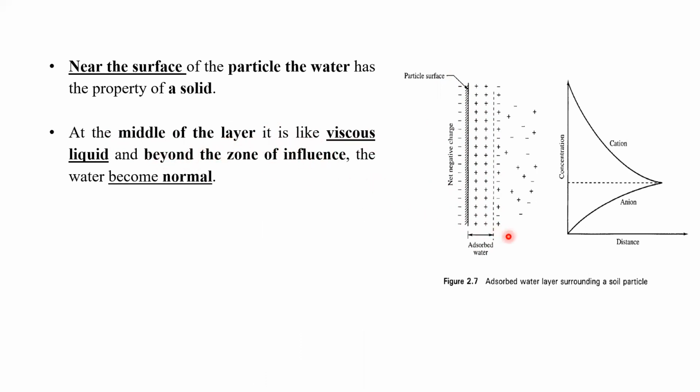And beyond the zone of influence, that means in this area, it becomes normal water and free water. We can see by this figure also, here the concentration is very high. That means you can see the negative charges and the positive charges are highest at this point. But as the distance increases, the concentration also decreases.